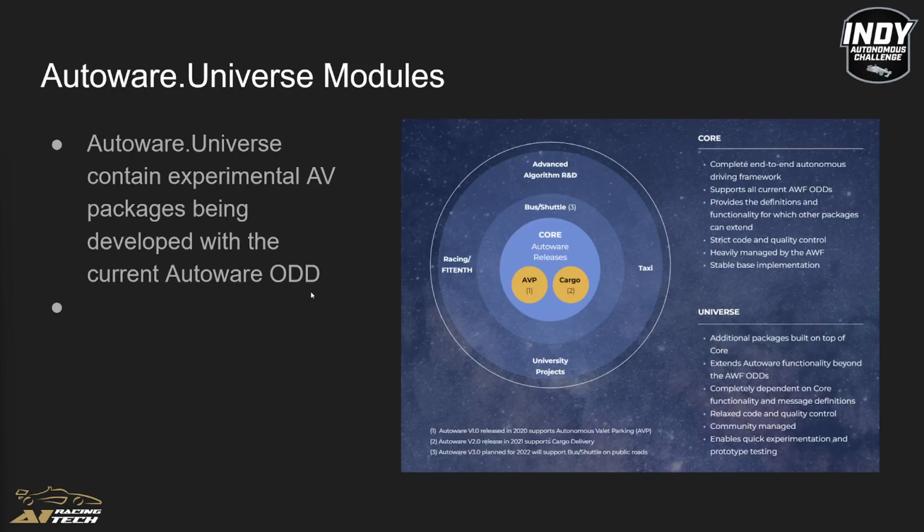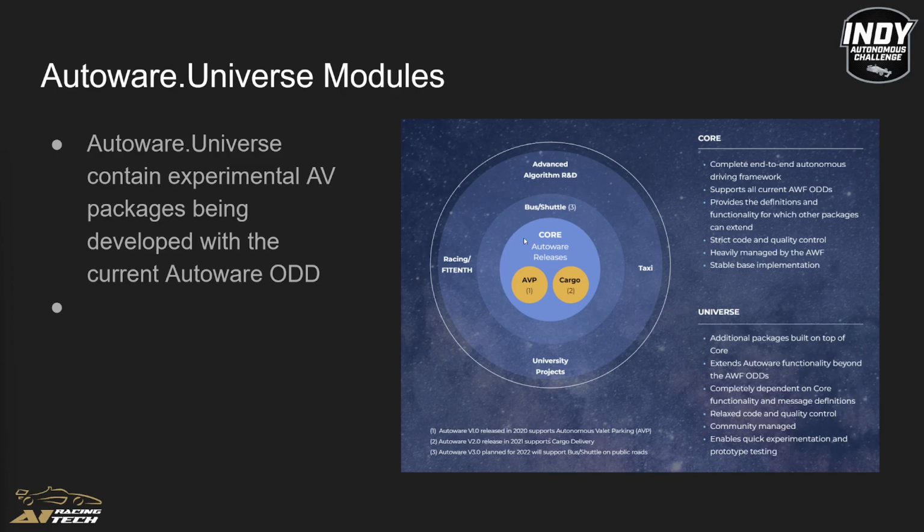So why is it called Autoware Universe? Universe is a terminology against Core. This is the structure that Autoware decided to take on in early 2022, where they merged a bunch of old Autoware projects and put it out as Autoware Universe plus Autoware Core.